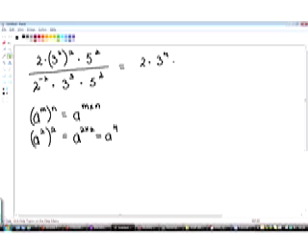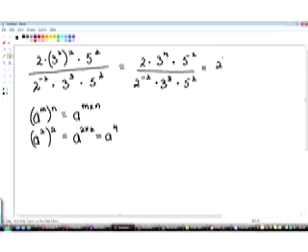So we go back to the question again. We have 5 to the power 2 over 2 to the power minus 2 in the denominator, by 3 to the power 3 in the denominator, by 5 to the power 2. So we group our 2's, our 3's, our 5's.